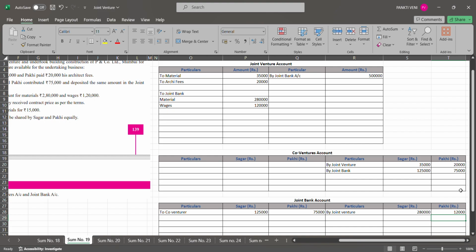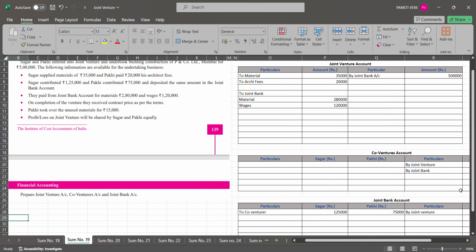So we have the joint bank account. They paid from the joint bank account for material 2,80,000 and wages.